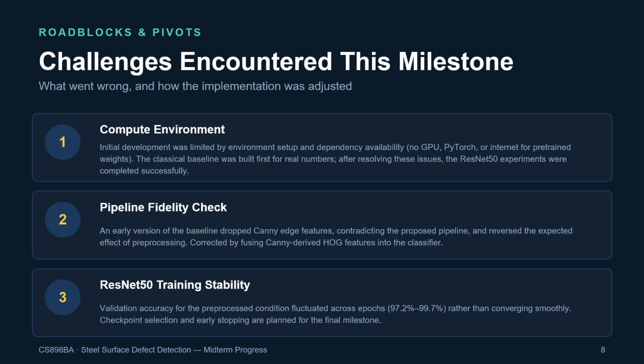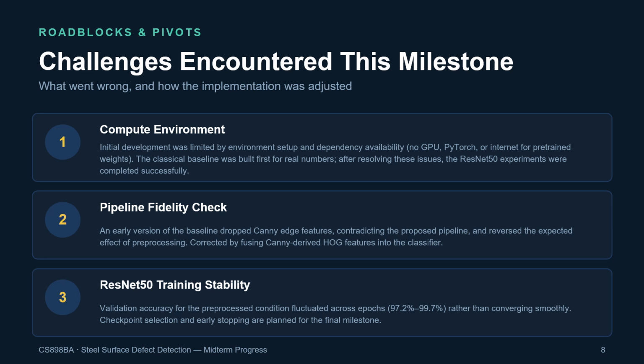So coming to slide 8, here we discuss a few challenges I faced while implementing the project. The first challenge was setting up the development environment and making sure all required libraries were installed correctly before I could train the ResNet 50 model. Another challenge was making sure that my pre-processing pipeline matched the method I had proposed in my project presentation.